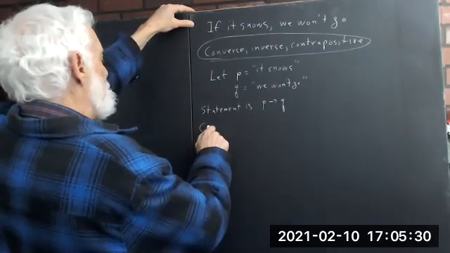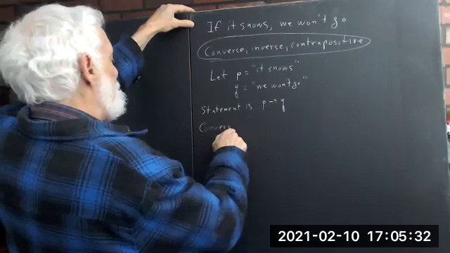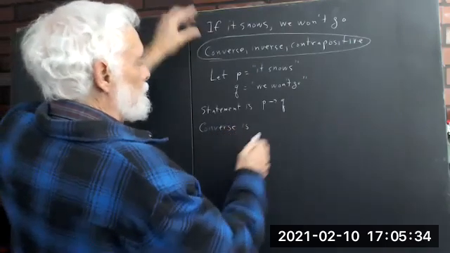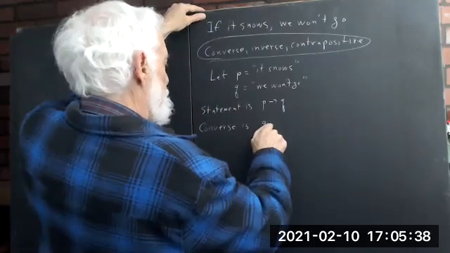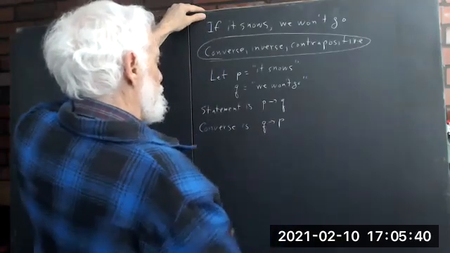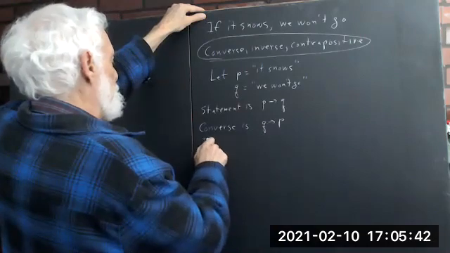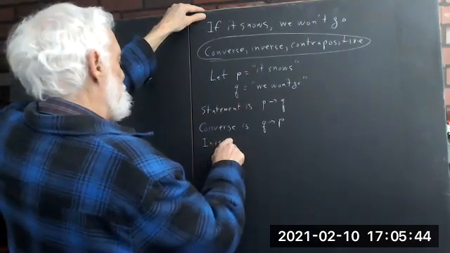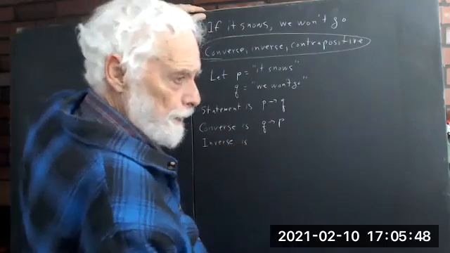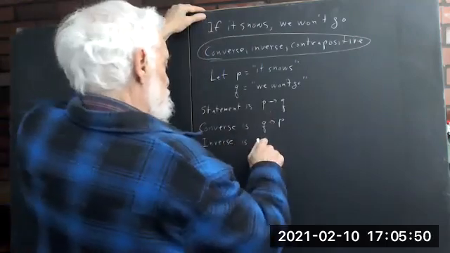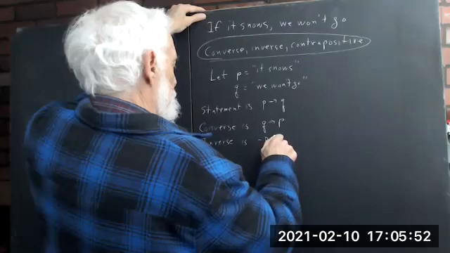Converse is what we get when we reverse the P and the Q. Inverse is when we negate P and Q from the original statement in the original order.